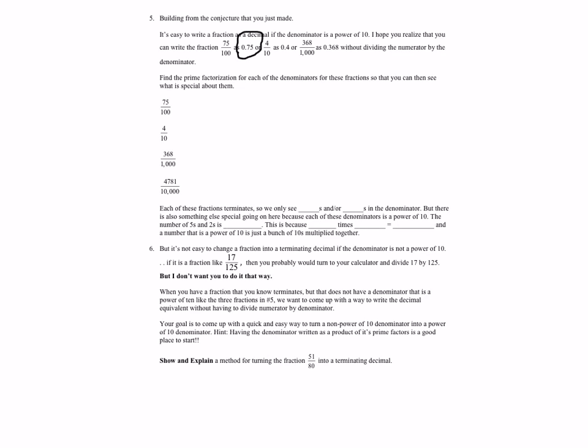All right, similarly, 4 tenths is equivalent to 0.4 because this is 4 tenths. And this is 368 thousandths. That's exactly what this decimal is when you read it aloud. It's 368 thousandths.